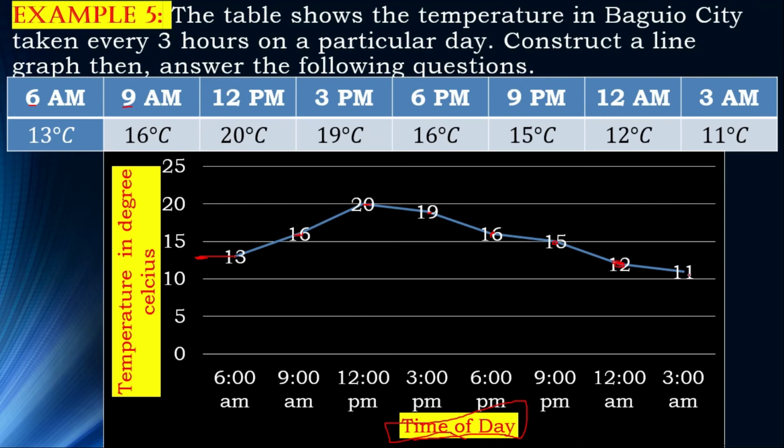At nung 3 a.m. nag-11, ayan, 11 degrees Celsius. So, nandito lang yung ating mga temperature sa 10 to 20. Okay? Ayan. Nung 3 a.m., yun na yung pinakamalamig na temperature. It's 11 degrees Celsius.